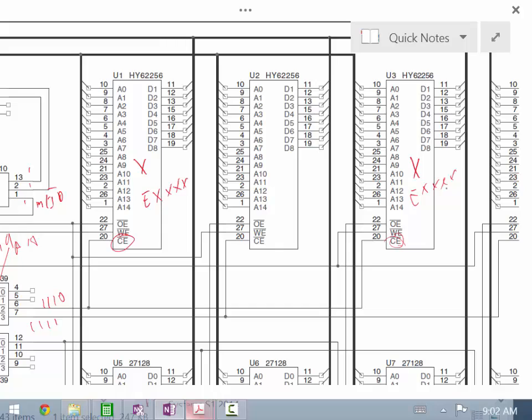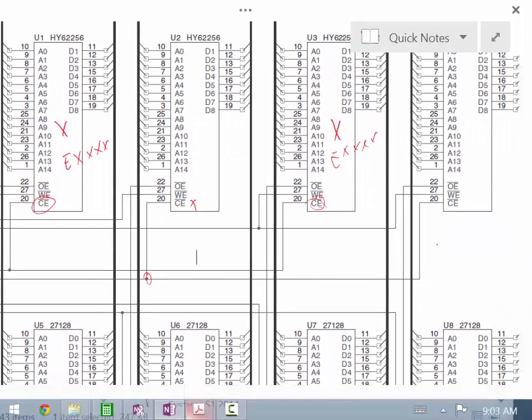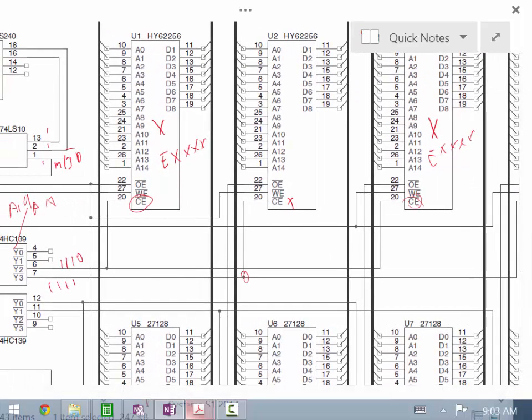The other line coming across here is connected to this one here. You see where it's connected. So this is going to be selected when F, F, X, X, and this one is going to be selected on F, X, X. So that tells us that at the top of memory reside these two chips.